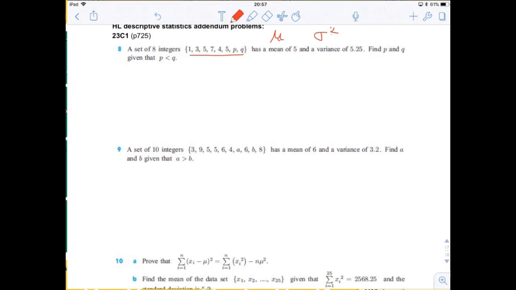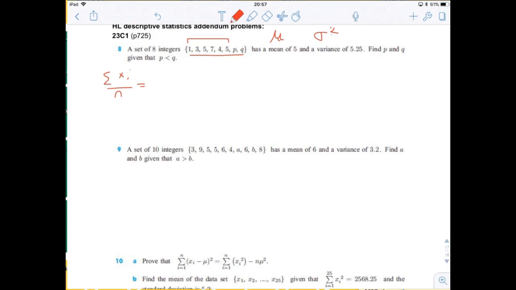Okay, so basically we can use the summation of all these numbers here, and so we can add all the numbers in the numerator, and then we divide by the total number of numbers. So if we do that, we can add the known numbers, 1 plus 3 plus 5 plus 7 plus 4 plus 5.